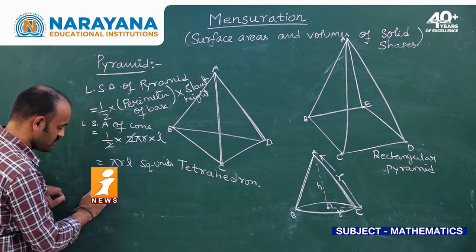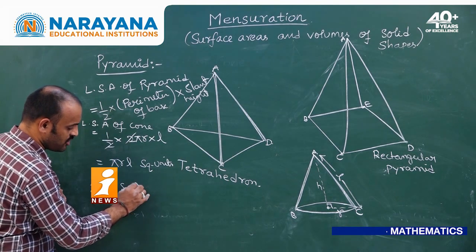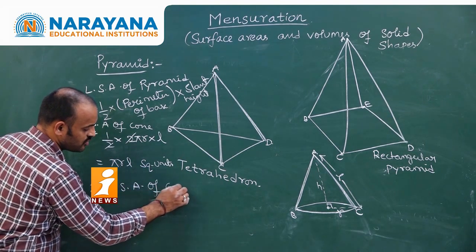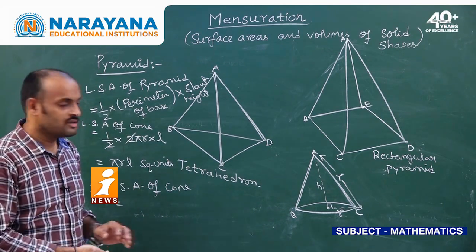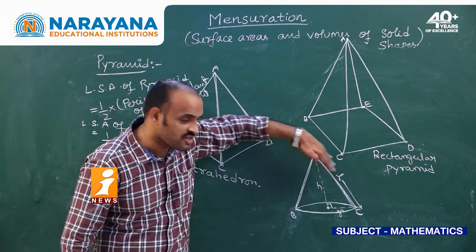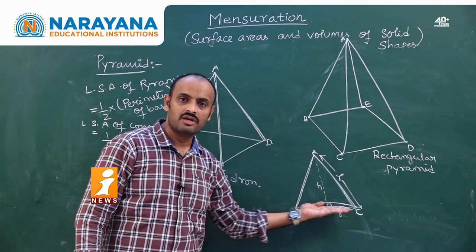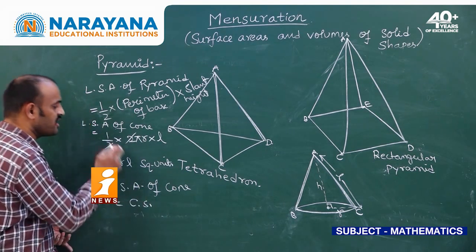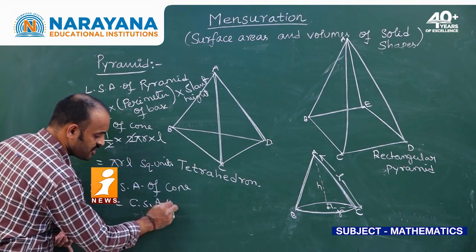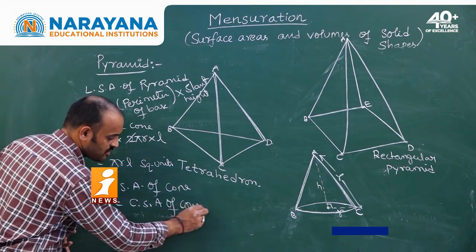And the second is total surface area of cone. What is the total surface area of cone? How many surfaces are there here? 2 surfaces. One curved surface and at the bottom one plane surface. So one curved surface area already we have here. CSA of cone plus base area.